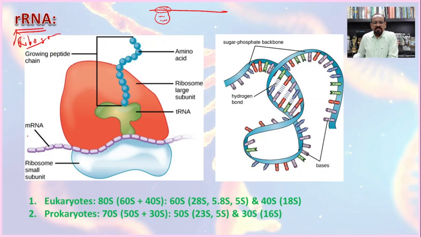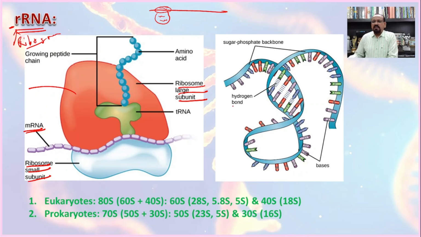So this is mRNA, the smaller subunit of the ribosome and the larger subunit of the ribosome. In both subunits there are different RNA molecules known as rRNAs.